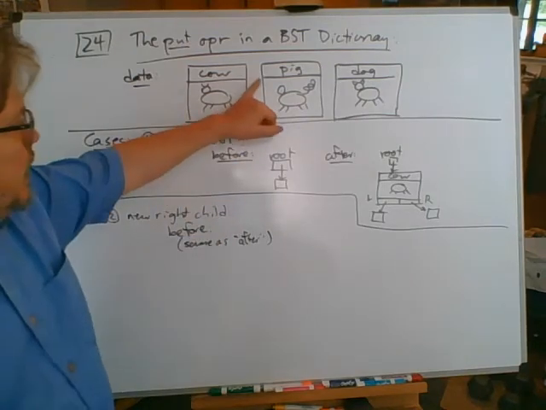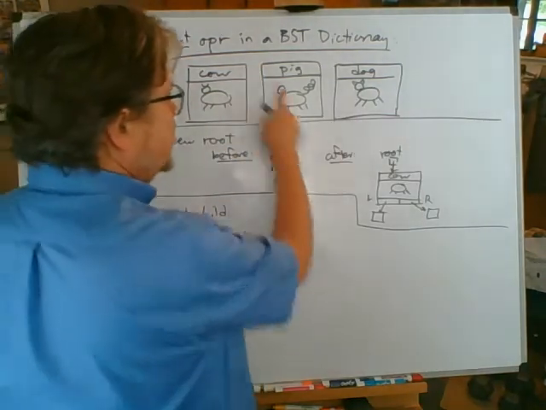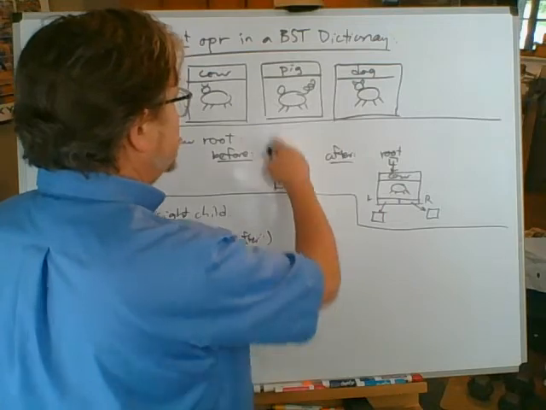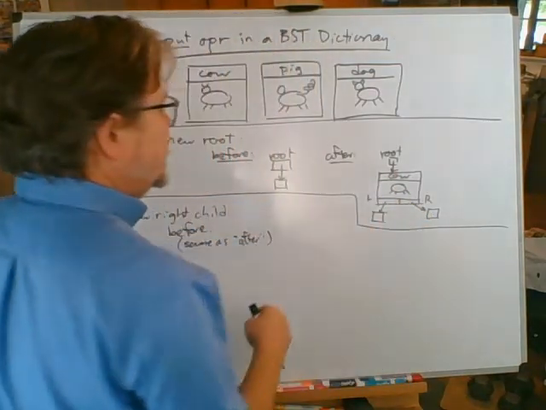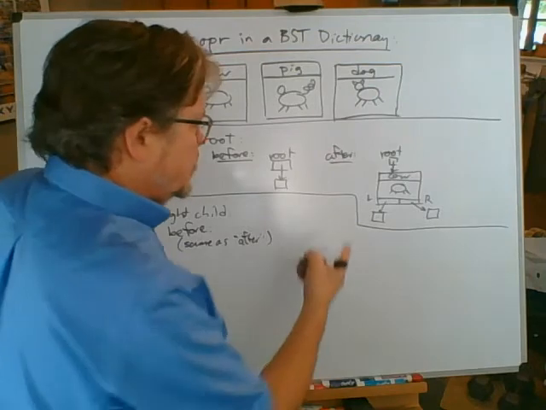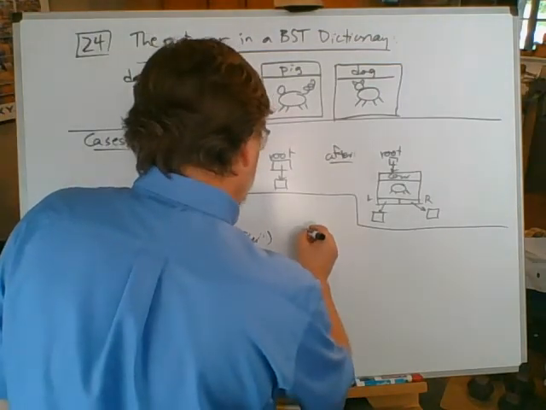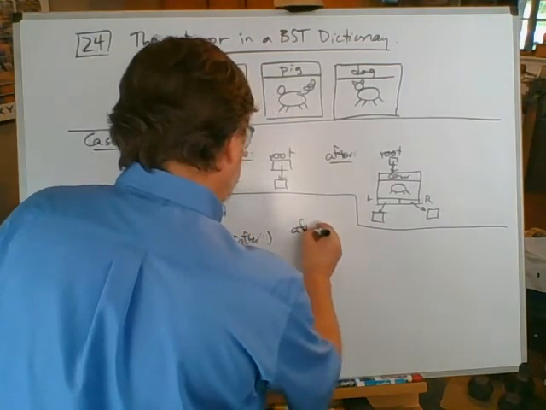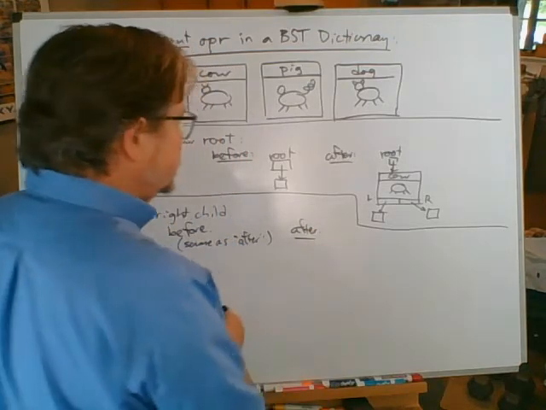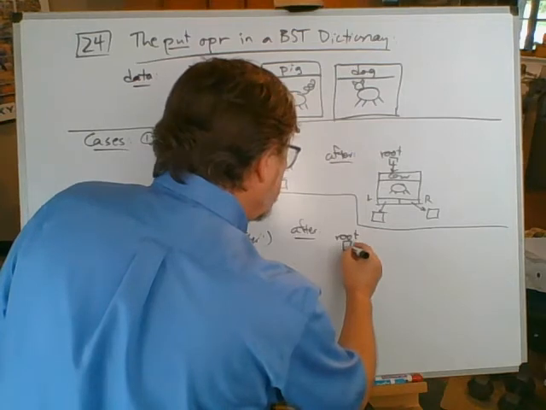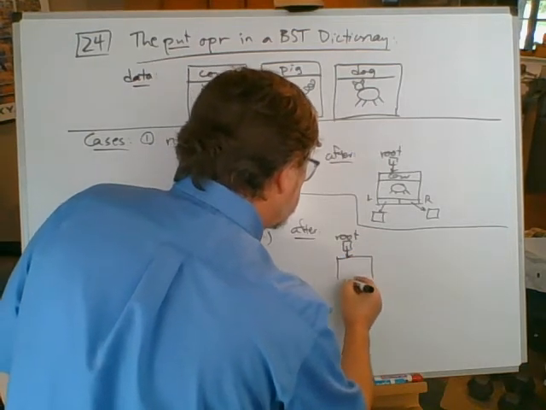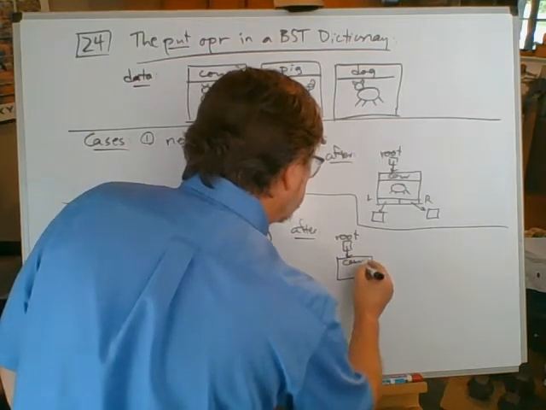And I'm inserting pig. Let's do the comparison. We're comparing only the keys. We don't even look at the pictures. Pig is greater than cow. So we look and there's no right child. So this becomes the right child. So the after picture, there's not going to be anywhere near enough room on this board. The root, I'm going to quit doing the picture. The root points at the node that has the cow information in it.